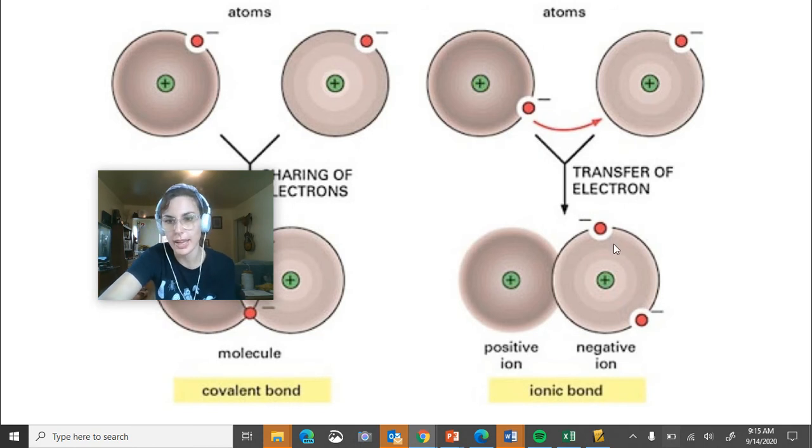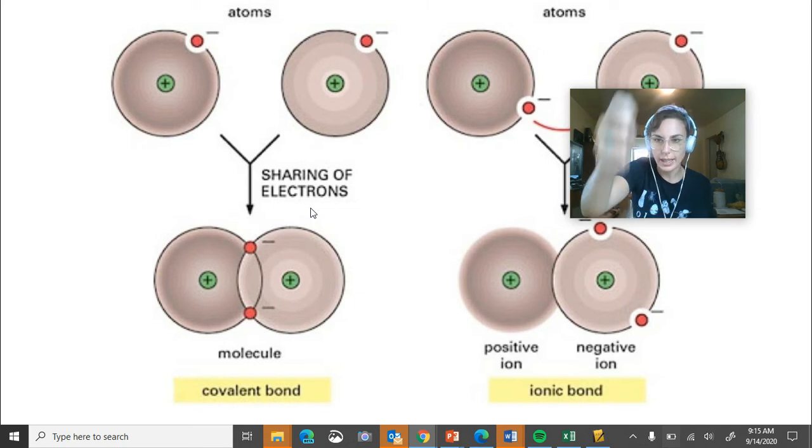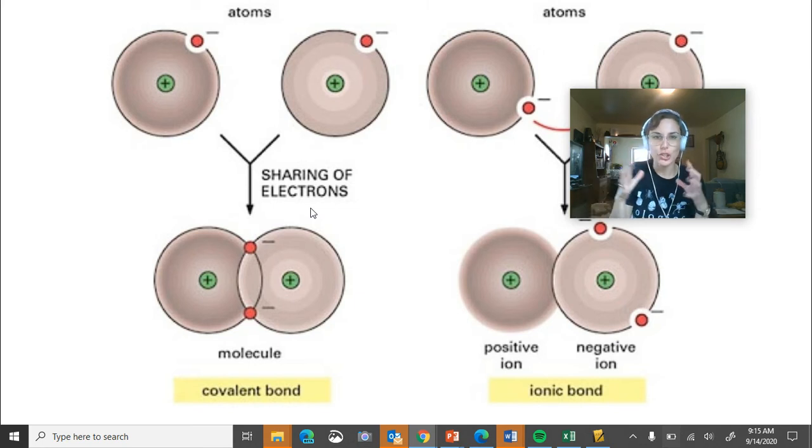Then we move to covalent bonds. In a covalent bond, the electrons are not donated, right? They instead are shared. So in covalent bonds, it is the sharing of electrons. As we can see, this is hydrogen and hydrogen. We have our positive proton, our 1 valence shell electron.